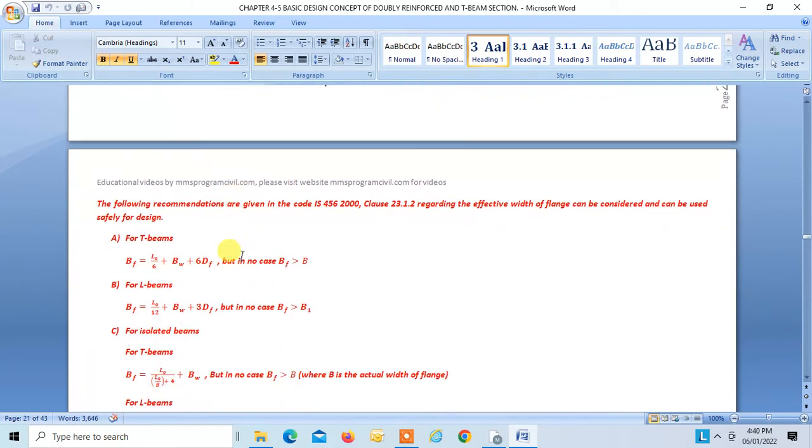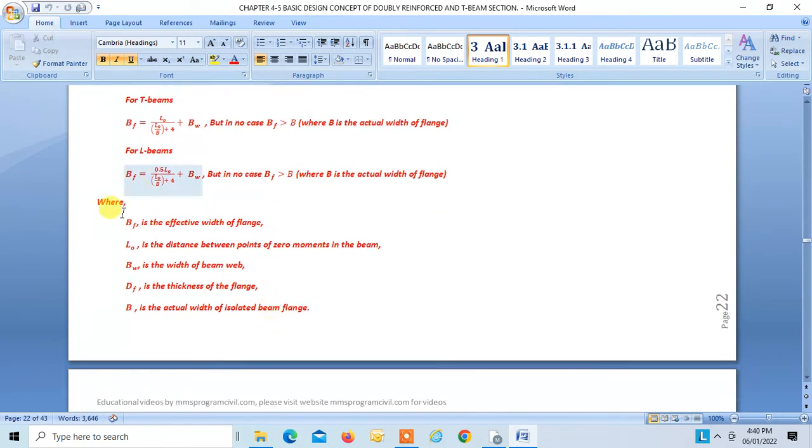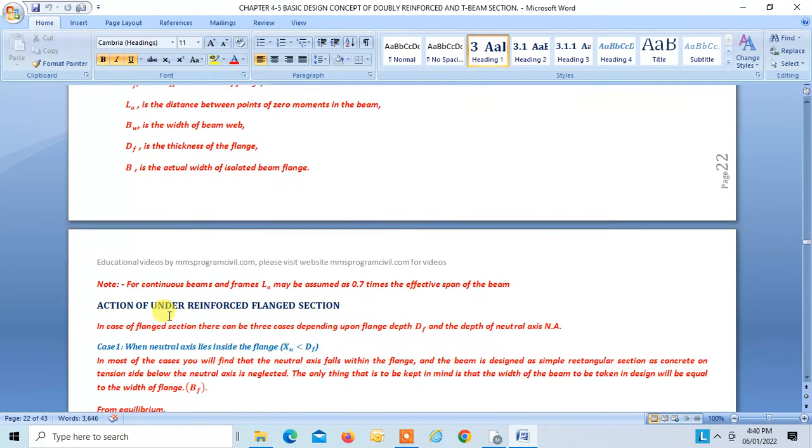Similarly, this is the formula for L beam. But in no case should your BF be greater than the actual width B. So these are the notations which I explained.